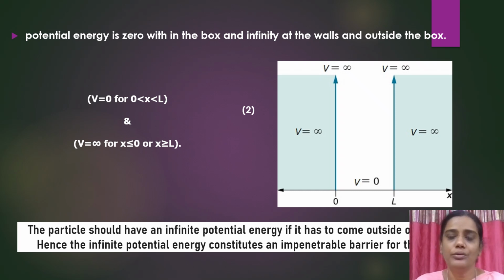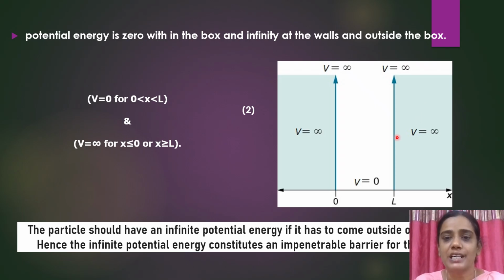I told you the particle cannot pass through these walls. Why did I say that? Because the potential energy is zero within this region and it is infinite at the walls, that is at x equal to 0, x equal to L and outside of it.